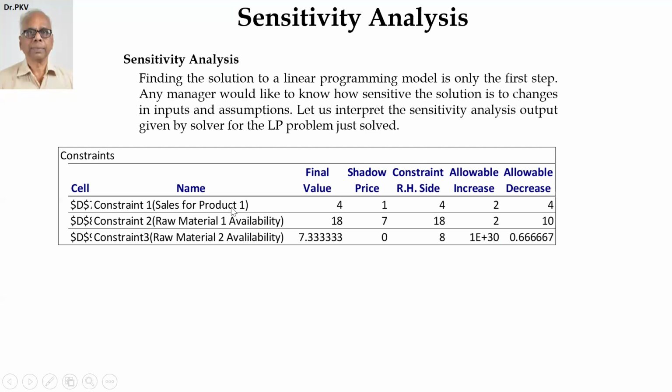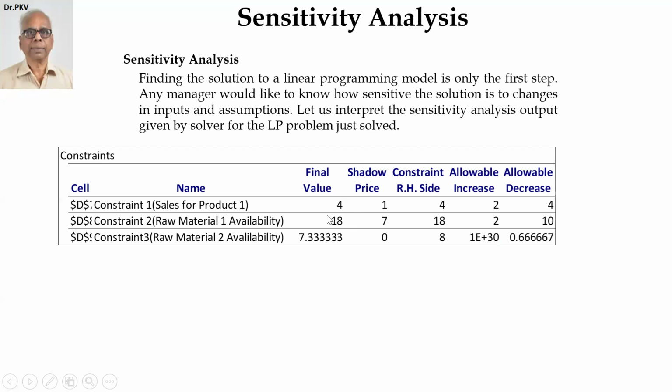Let's see now one by one. Sales for product 1, raw material 1 availability, raw material 2 availability, constraint 1, 2, and 3. In that order, the computer output appears. The final values are 4, 18, and 7.33. In other words, all the 4 units, the maximum demand for sales of product 1, is satisfied.